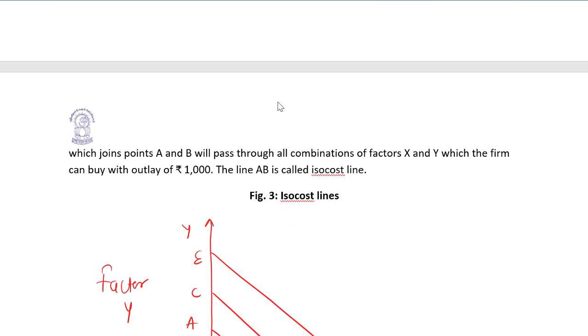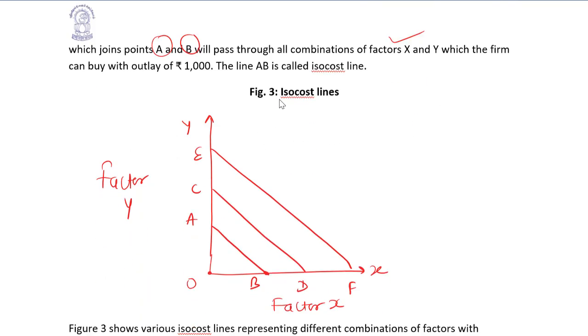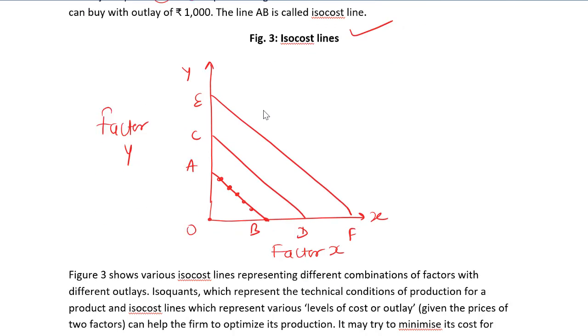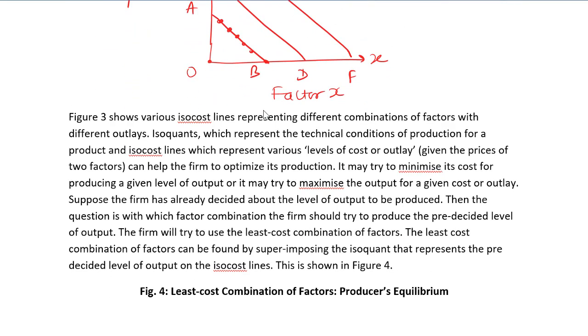The straight line AB which joins points A and B will pass through all the combinations of factor X and Y. So there could be a combination over here, here, here. Any combination could happen. This is called iso-cost line or budget line.